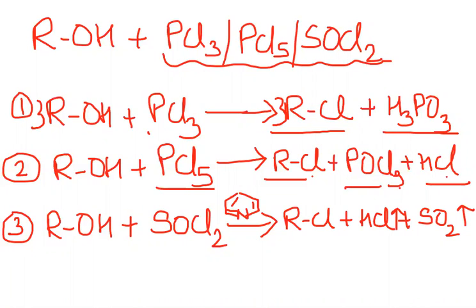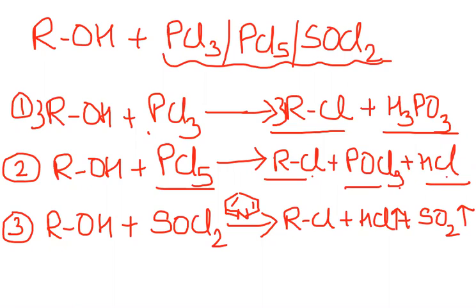So sometimes they ask a question: amongst the following PCl3, PCl5 and SOCl2, which is considered to be a good chlorinating reagent, or which is the preferred reagent for introducing the chlorine group? You have to look at the reactions and see that in the case of SOCl2, the byproducts are gaseous in nature.